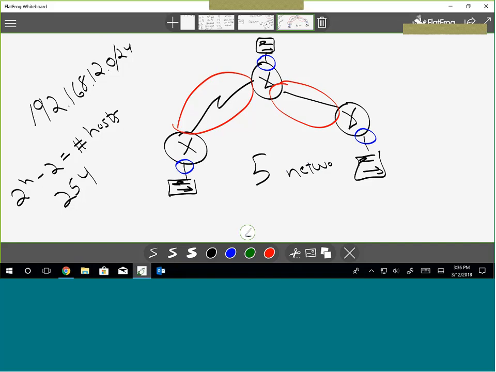But my ISP gave me one network of 254 hosts.